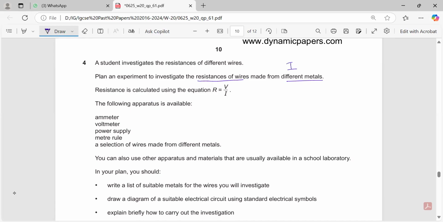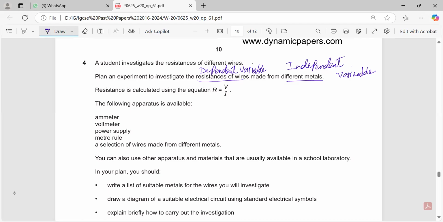Different metals is the independent variable, and resistance is the dependent variable. Very important, because the independent variable is helping us a lot, even in the table. The independent variable is in the first column heading, and the dependent variable is the last column heading.